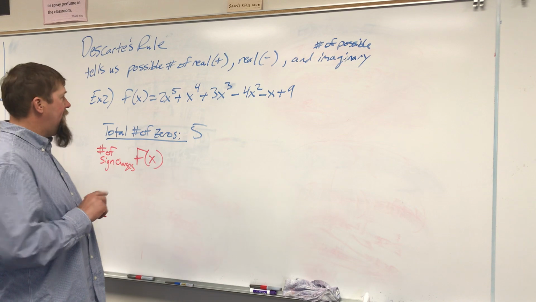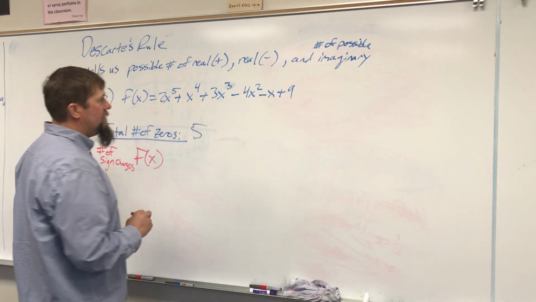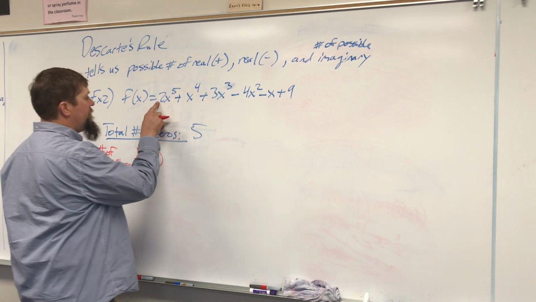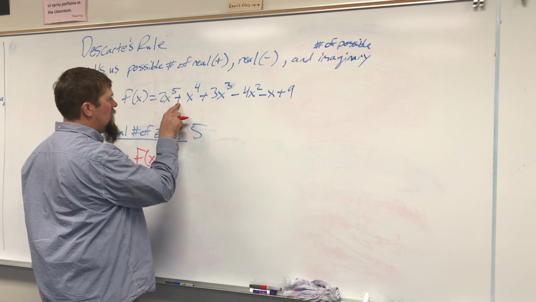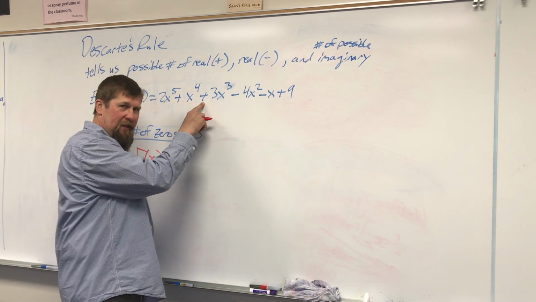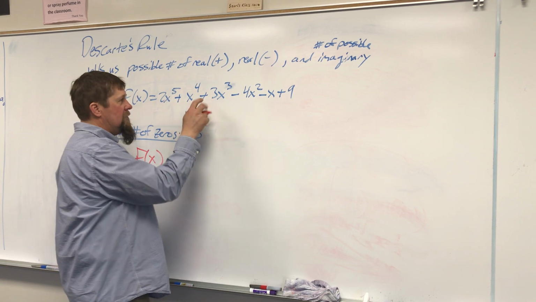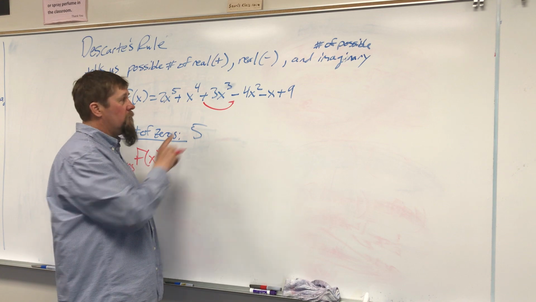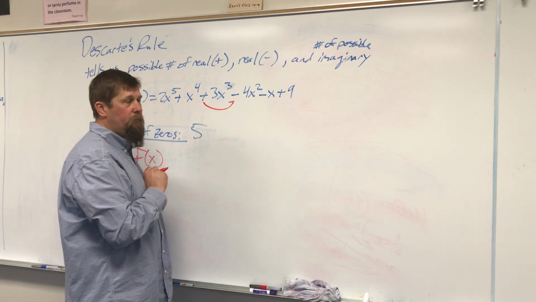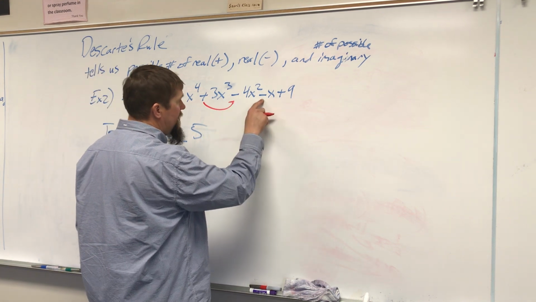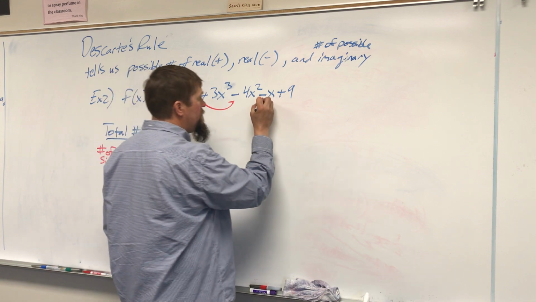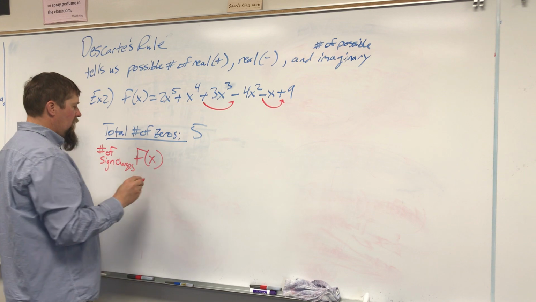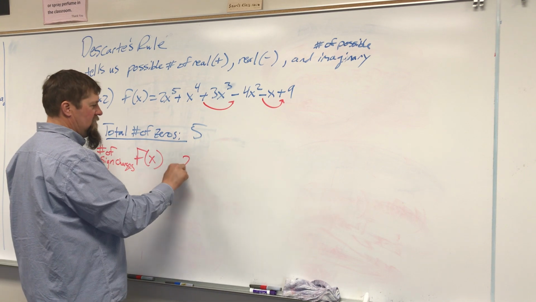We look at f of x, and we look at the number of sign changes from one term to another. The first term's positive, the second term is positive, the third term's positive. It does not change signs. However, there is one sign change. It goes from positive to negative. From negative to negative doesn't change, but from negative to positive does change. So there are two sign changes.